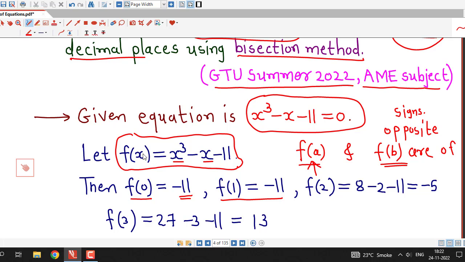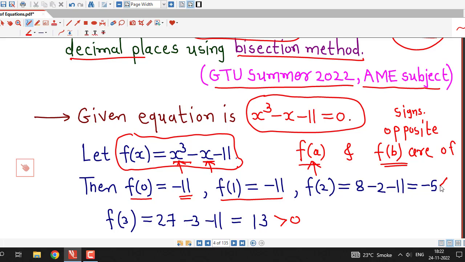Then I put x equal to 2, that is f(2), and I obtain 2 raised to 3, that is 8 minus 2 minus 11, which is also negative. And for x equal to 3 I obtain 3 raised to 3, that is 27 minus 3 minus 11, which is 13, and it is positive.